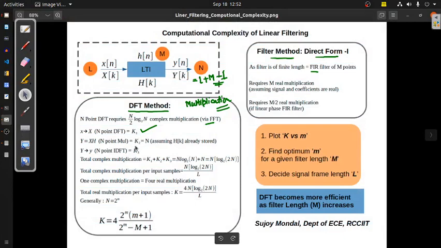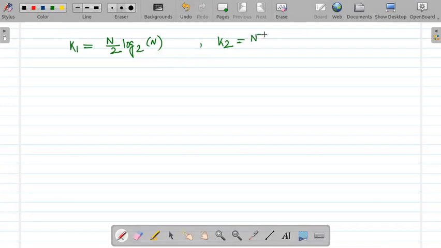How many element-wise multiplications? N. So this is basically your N. And what is K3? The same number, because the N-point IDFT also takes the same number of complex multiplications. So if we add all three numbers, the total computational complexity is K1 plus K2 plus K3.